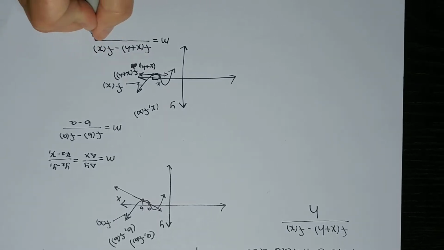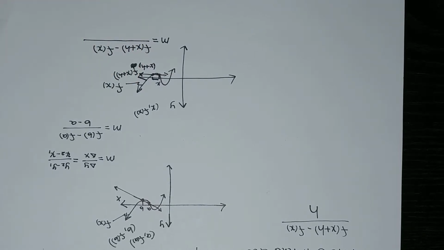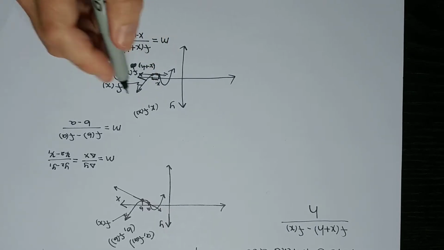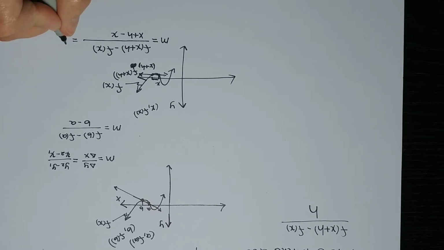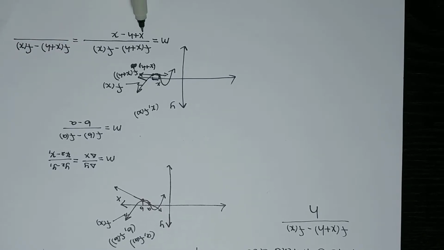That's the difference in the y coordinates, y2 minus y1, over the difference in the x coordinates, x plus h minus x, x2 minus x1. And we can simplify this. This will be f of x plus h minus f of x. Down here we have x minus x, which sums to 0, leaving us with just h.